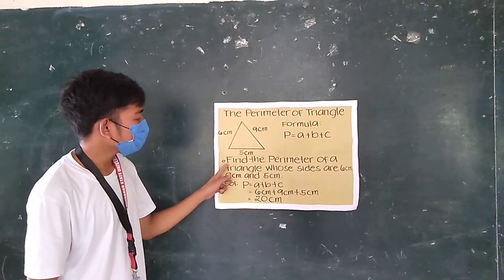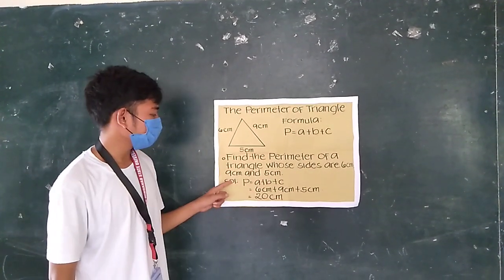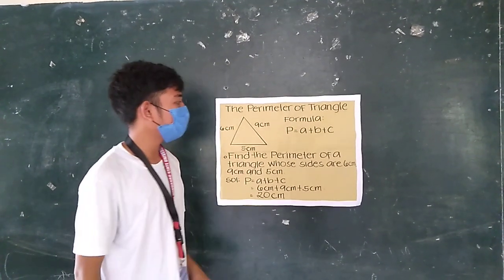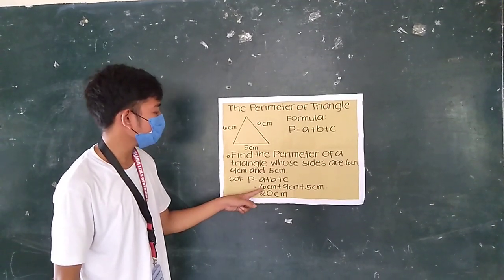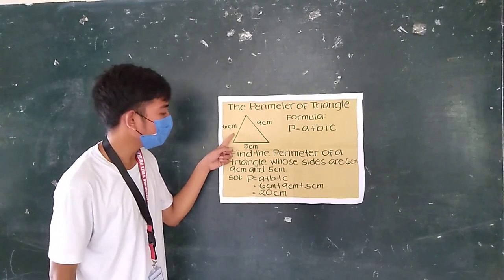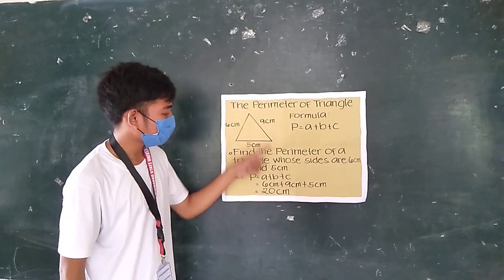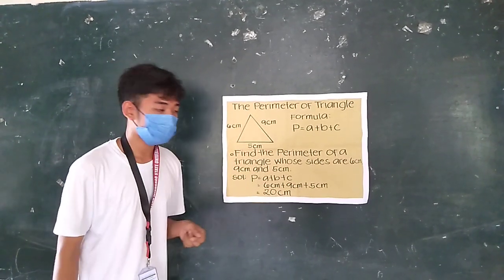Now, let us find the perimeter of a triangle whose sides are 6 cm, 9 cm, and 5 cm. Using the formula, we are going to substitute A to 6 cm, B which is 9 cm, plus 5 cm, which is the base of the triangle.